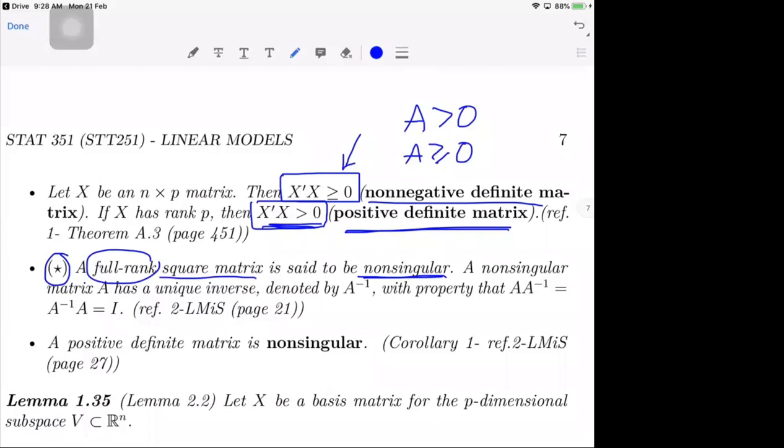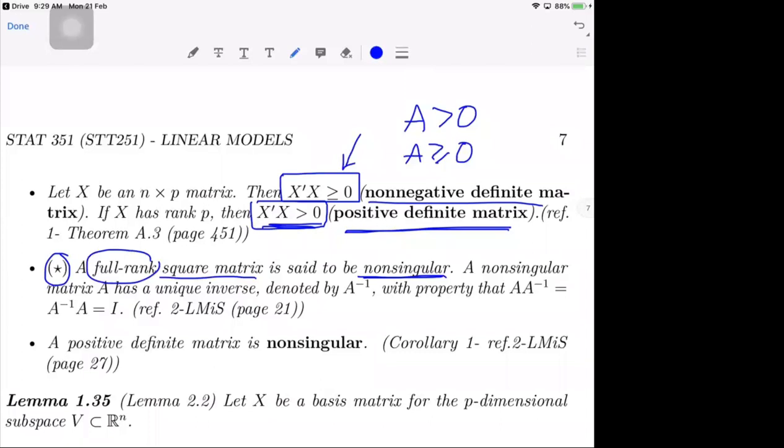If the rank is equal to either the row or column count, whichever is smaller. So if you have an N by P matrix and its rank is the minimum of P or N, then we say that it is full rank.